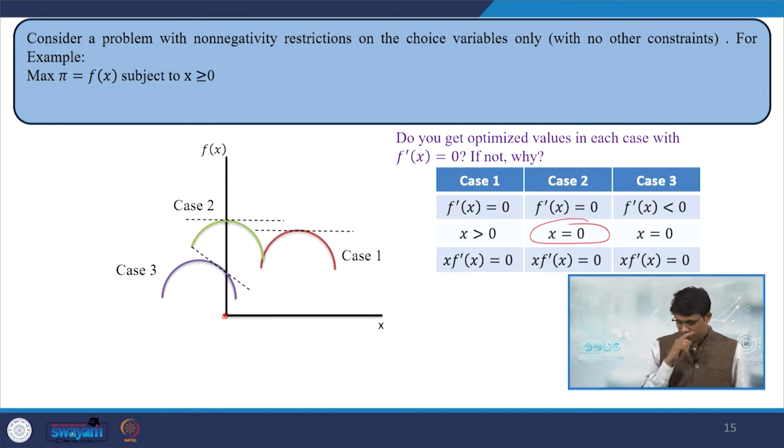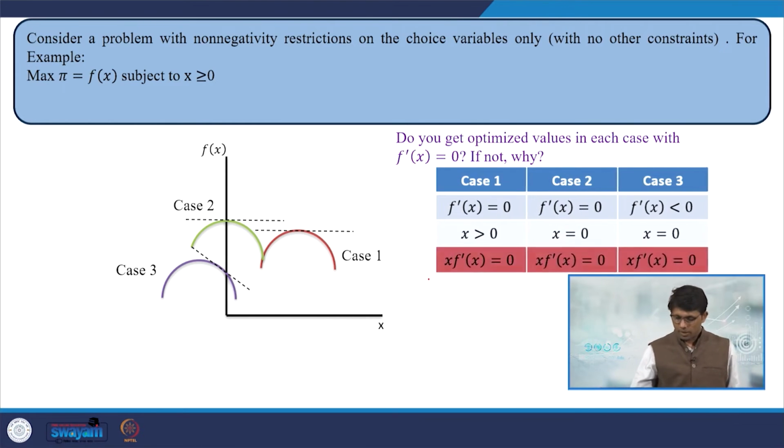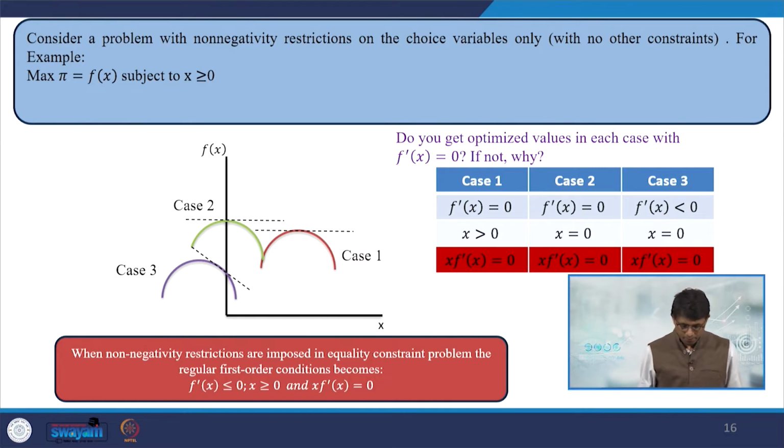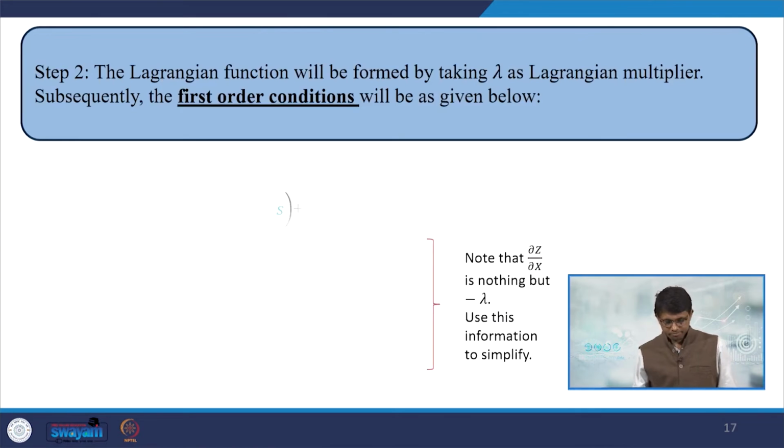So, this can be considered as a solution for further use. Okay. So, when non-negative restrictions are imposed in an inequality constraint problem, the regular first order conditions become: derivative less than or equal to 0, x greater than or equal to 0, and the product of these is equal to 0.